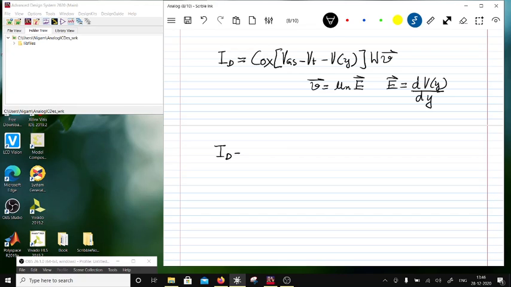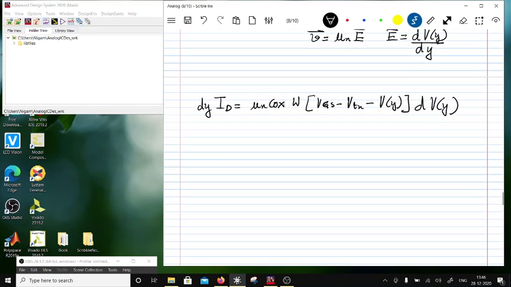So in that case the drain current will be equal to mu n Cox times W times (VGS minus VTn minus Vy) dVy, and we'll take this differential to the left hand side, dy.